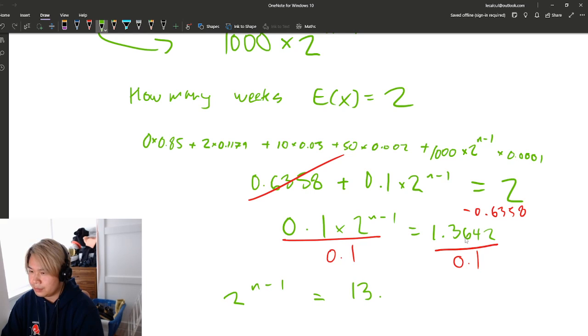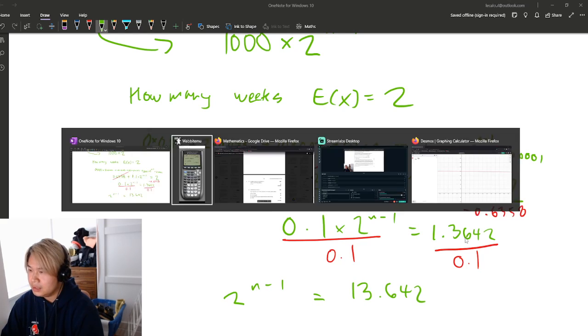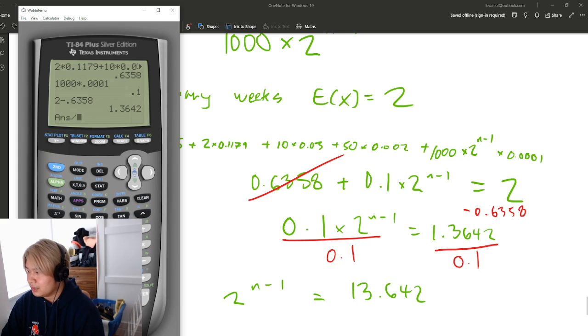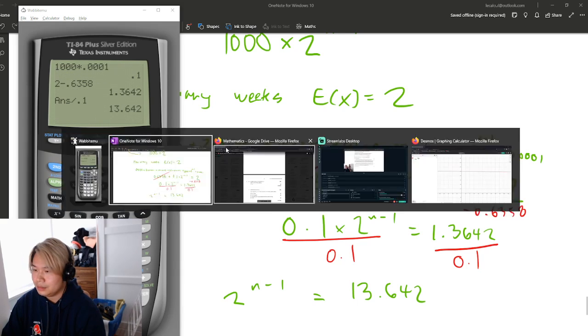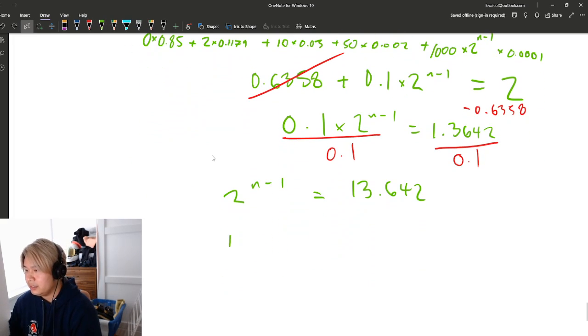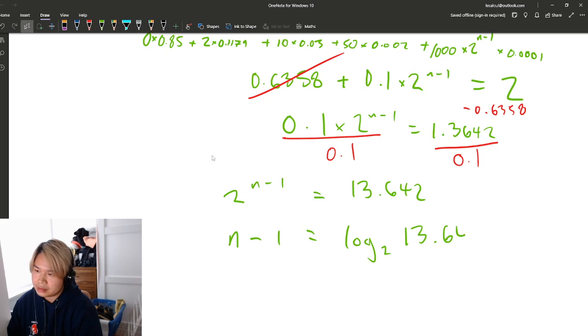So this is going to become 13.642. Let me just double check and make sure that I'm doing that math correctly. Yep. And then from here, we can change this to log form. So n minus 1 is log base 2 of 13.642. Evaluate this log.